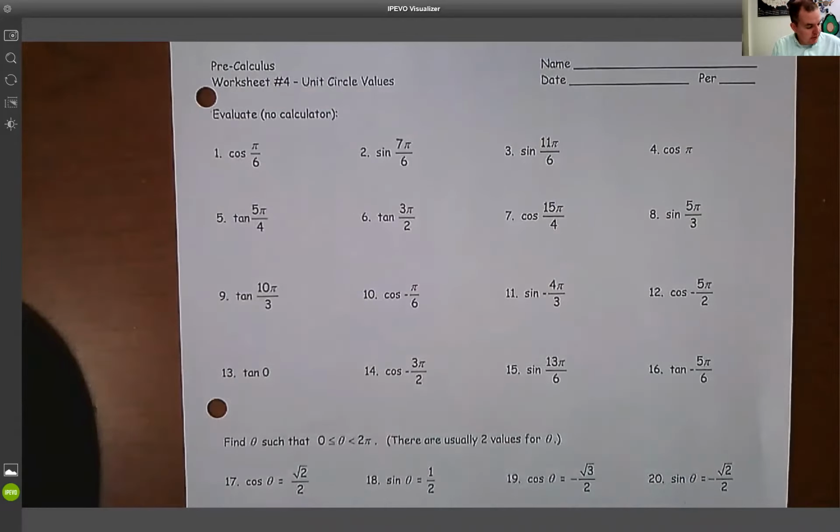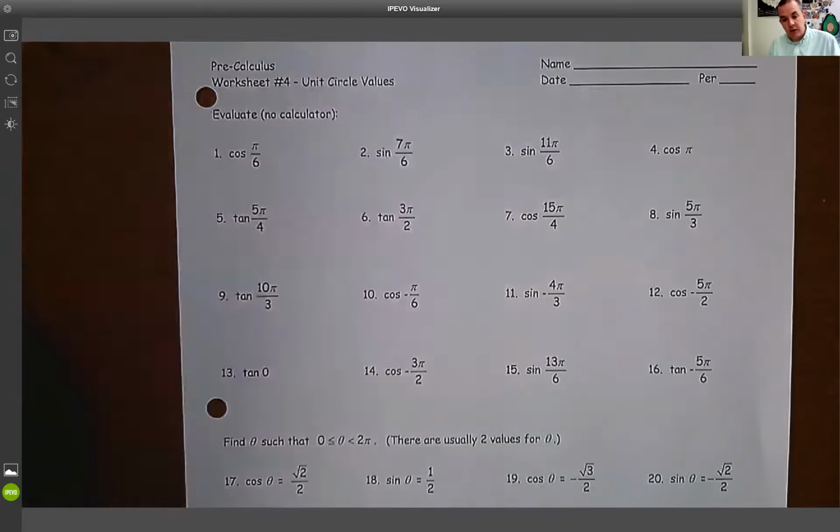The way this is going to work out is you need to remember "All Students Take Calculus," or "All Seniors Take Calculus." I think it's how Mr. Granite does it. That's going to tell you where your trig functions are positive or negative.